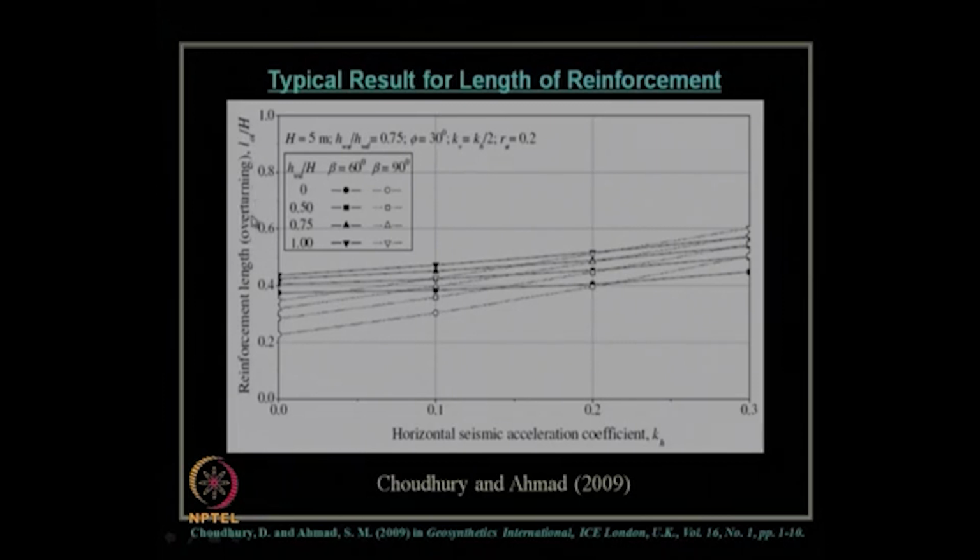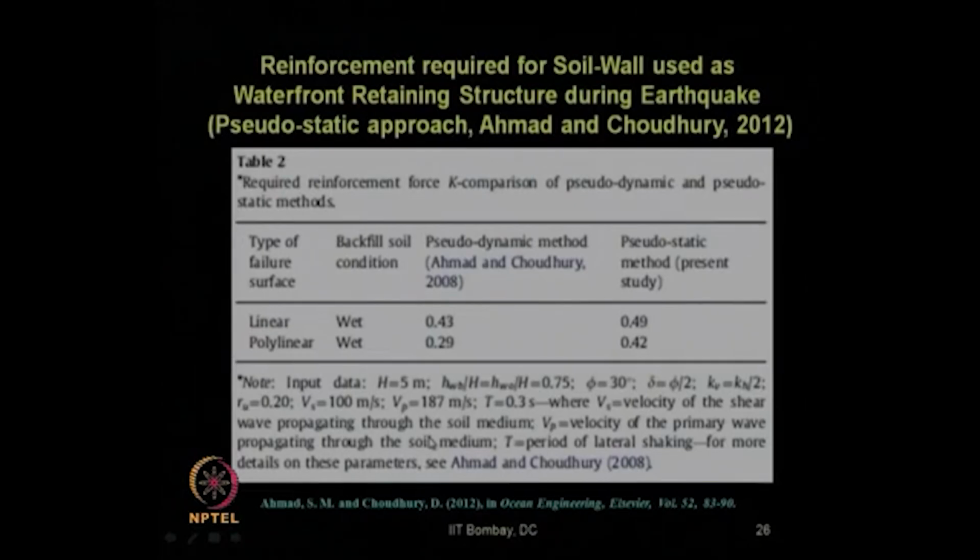Similarly, for the sliding mode also the values have been provided. Then this table shows the comparison of pseudostatic approach results as given by Ahmed and Chaudhary in 2012 compared to the pseudodynamic results of Ahmed and Chaudhary 2008, which we have mentioned just now.